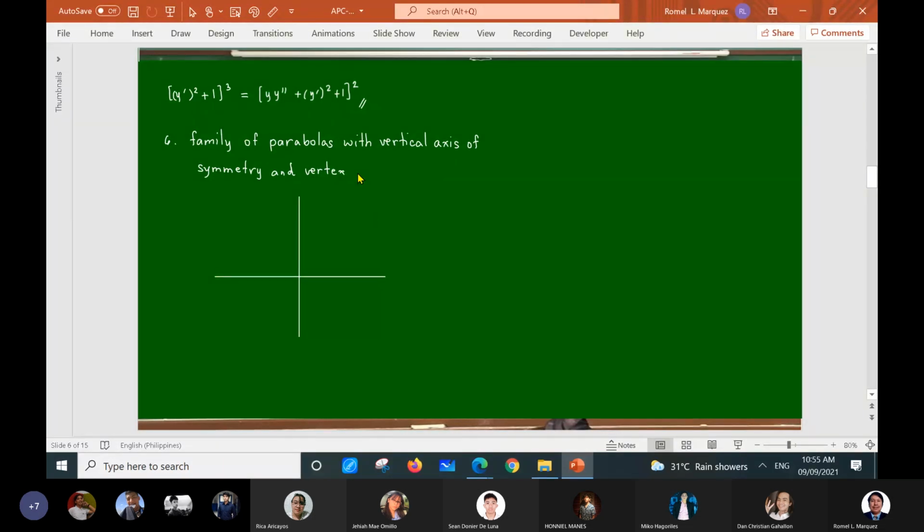And the vertex is on the x-axis. Okay? This is the y-axis. X-axis.